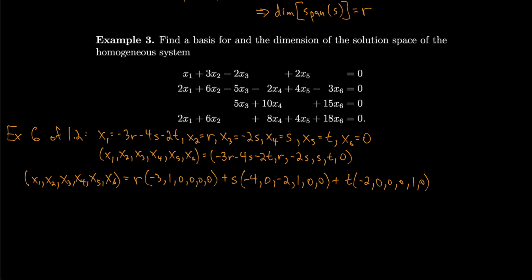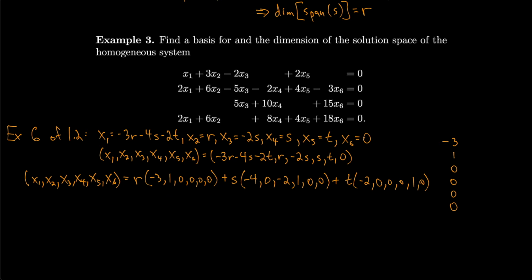Okay, so this I could write as minus 3, 1, 0, 0, 0, 0, right, 1, 2, 3, 4, 5, 6. So that would be this.